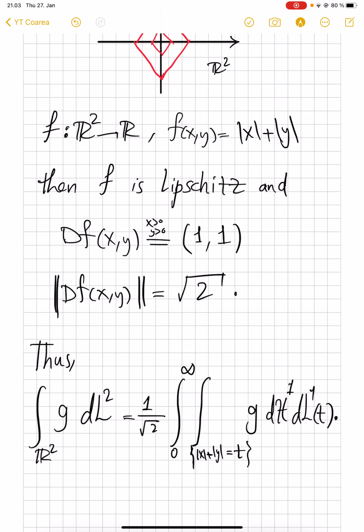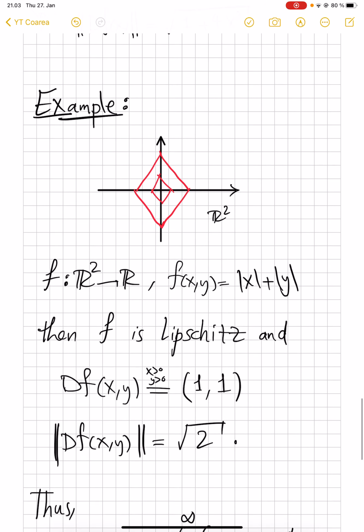So up to this 1 over root 2 correcting factor, you can first integrate over this red diamond and then add them up as these shrink or expand to fill out R2.